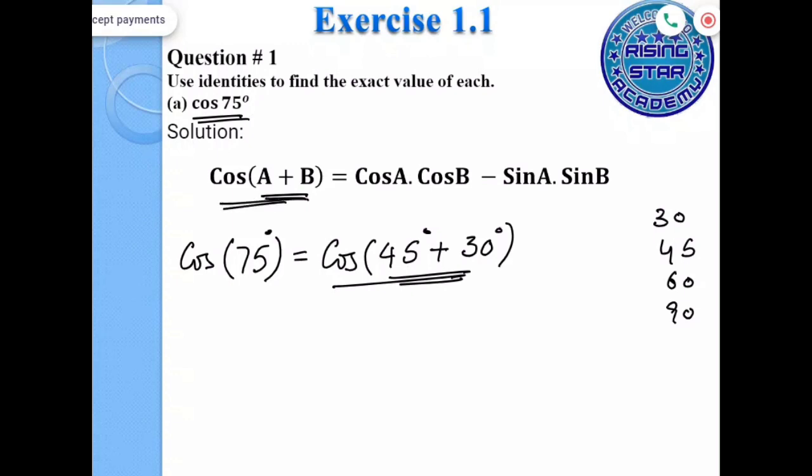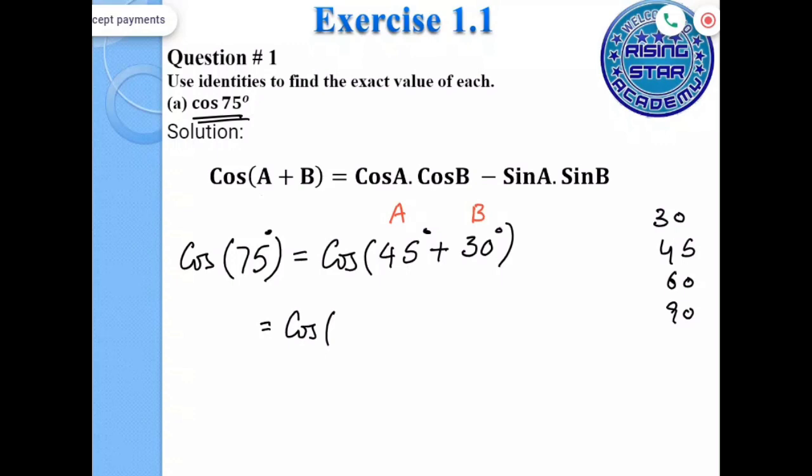Now I would open it according to the given identity. So cos of, this is my a value, this is my b value.